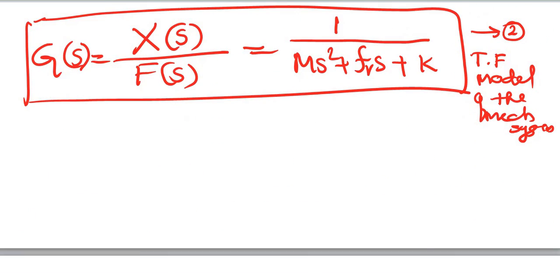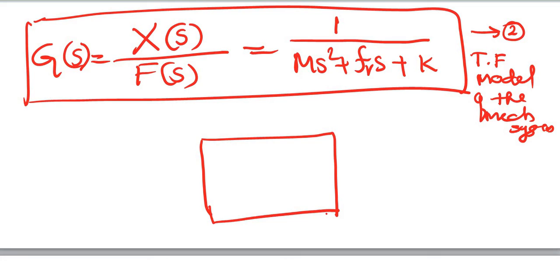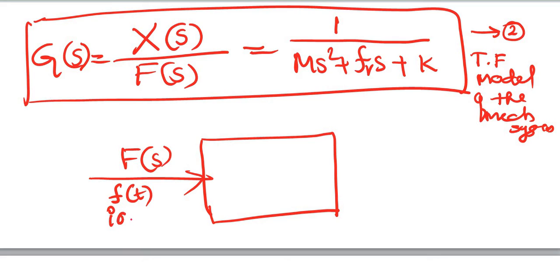This can also be represented in the form of a block diagram, as a control system can be represented like this. The input is F of s, or in time domain F of t, and the block is 1 upon Ms squared plus Fvs plus K.